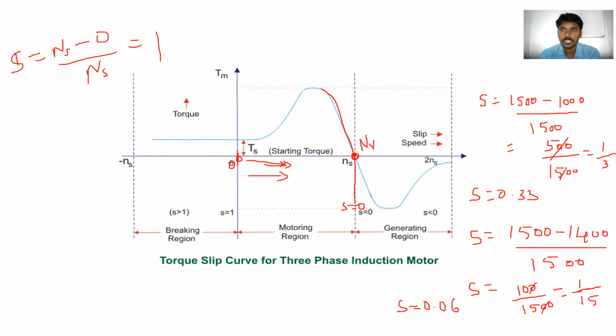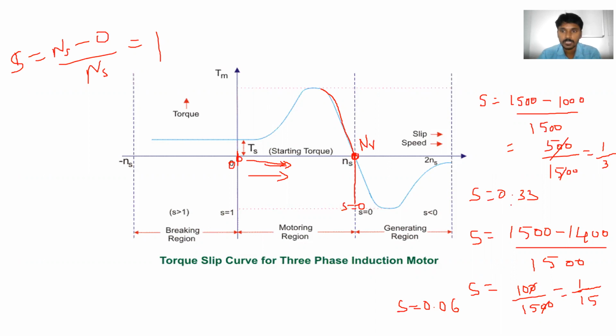When the motor is running at 1000 rpm, the slip is 0.33. If the motor is running at 1400 rpm, meaning the motor speed has increased, then the slip is 0.06. Clear? Okay.